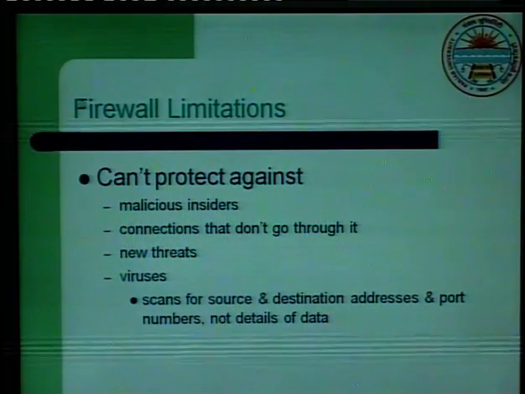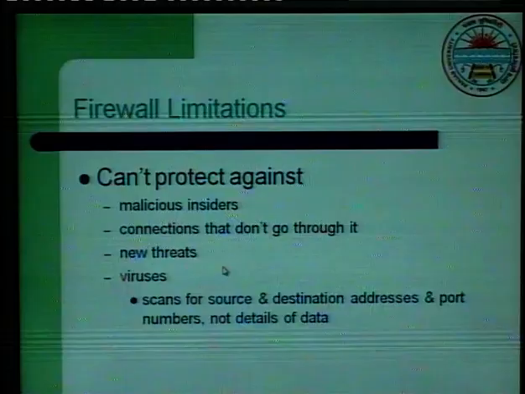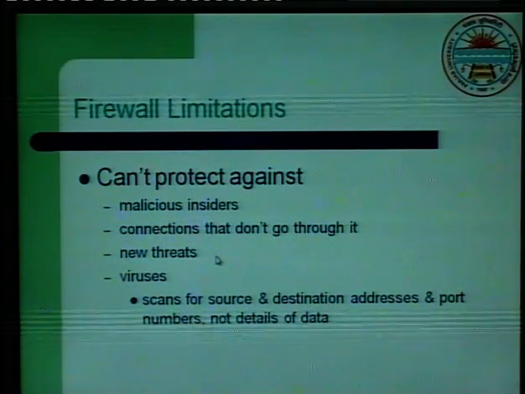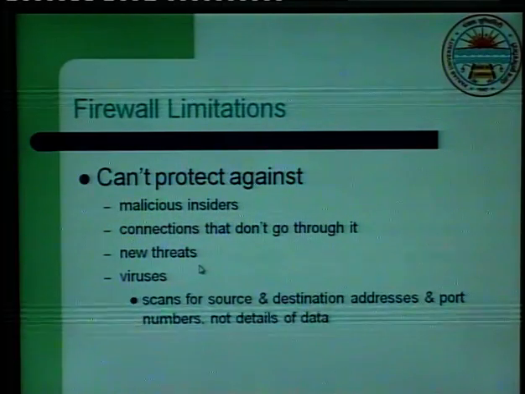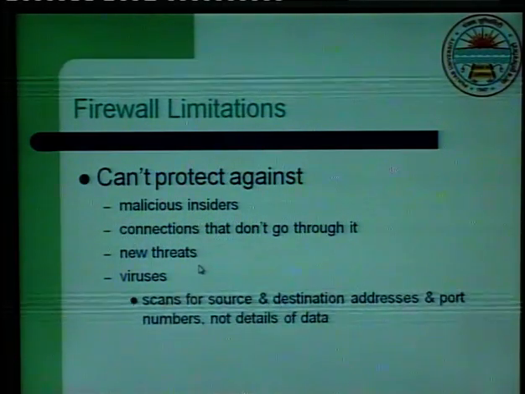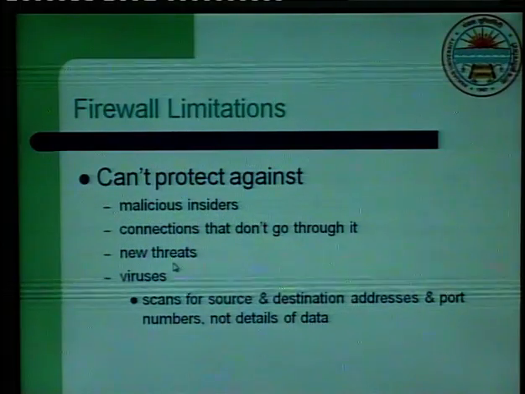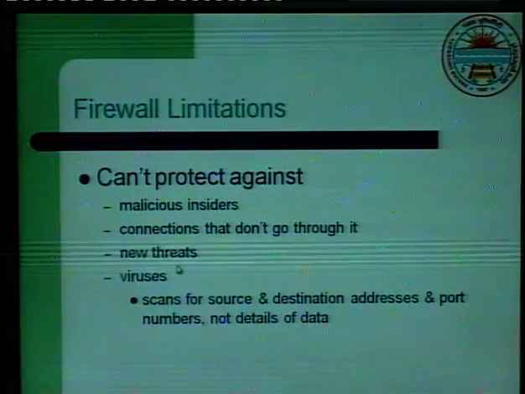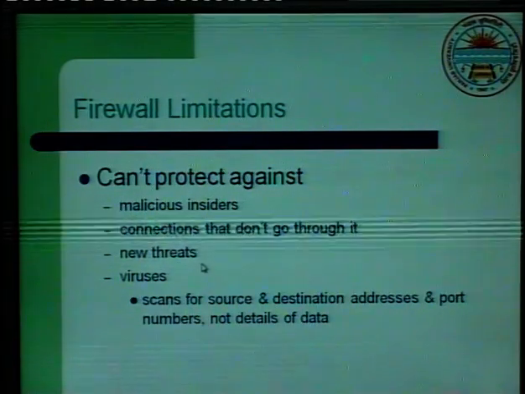For example, you configure your antivirus for certain types of viruses, but when a new virus comes, you have to update your antivirus software for the new threats. So, once a firewall is configured, it is configured for some known threats. If a new threat comes, it cannot be stopped by the firewall.